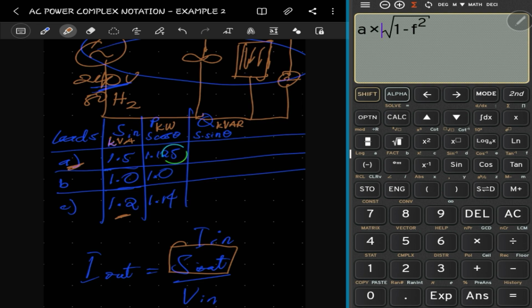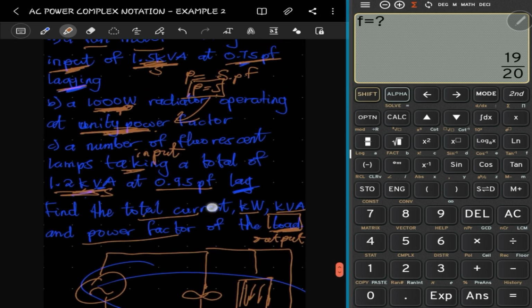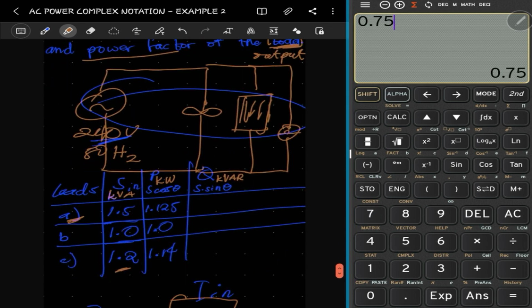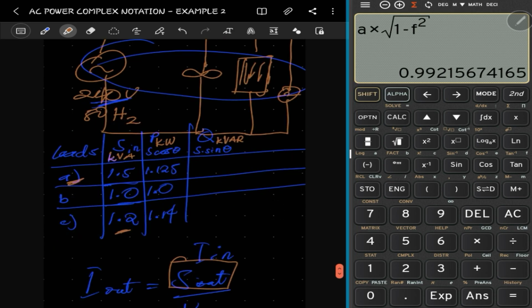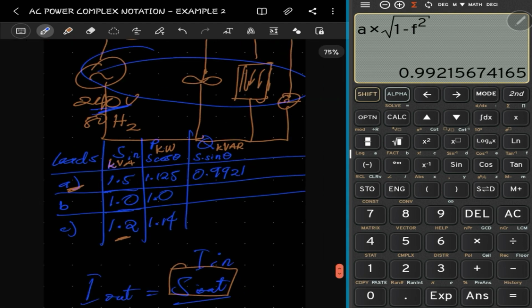Trying to find the Q. So the apparent power for A is 1.5, and the power factor for A is 0.75. That gives us, let's do 4 dp, 0.9921.